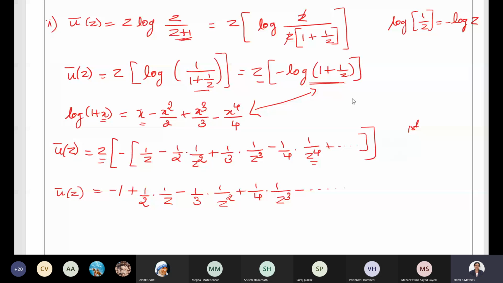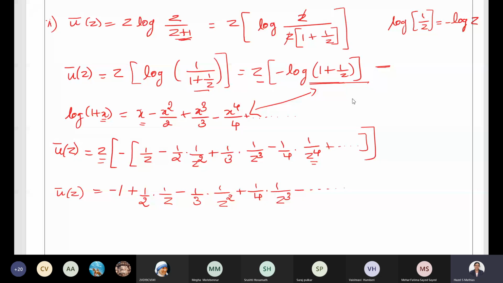I'll start from here. See, I hope this is clear till here. Is it okay till this step? Yes, ma'am. Okay. Then there is an expansion of log 1 plus x, which is x minus x square by 2 plus x cube by 3 minus x power 4 by 4, and it continues. This we can obtain from Taylor series expansion. Those who have done it regularly, they have learnt it in their second semester. There are only a few things, so you can remember this like a formula. Log 1 plus x is x minus x square by 2 plus x cube by 3 minus x power 4 by 4.